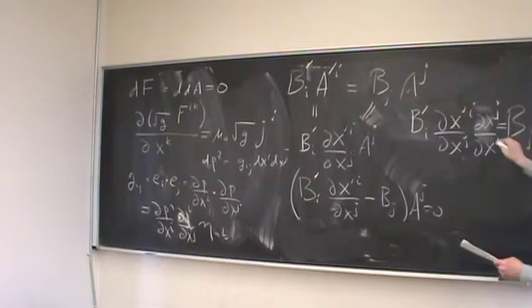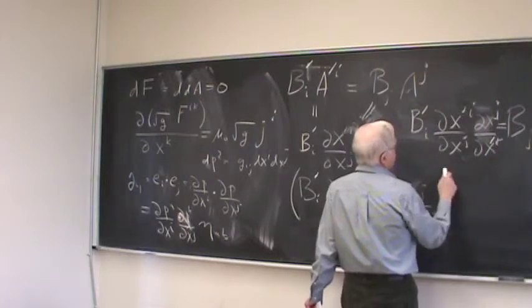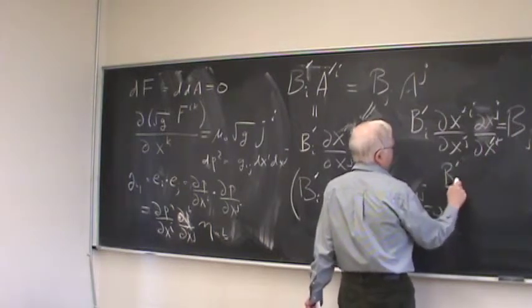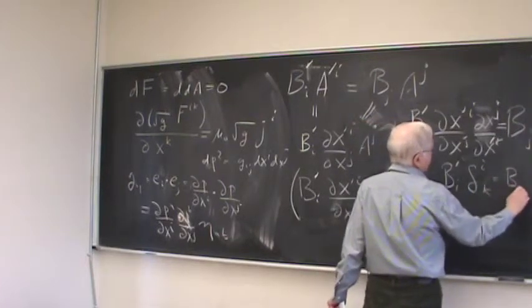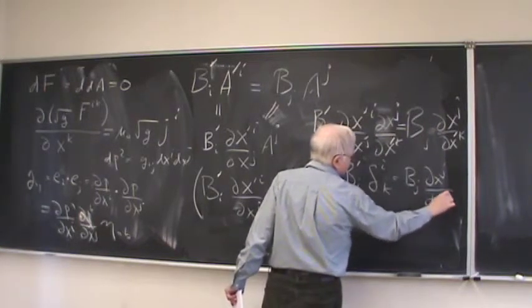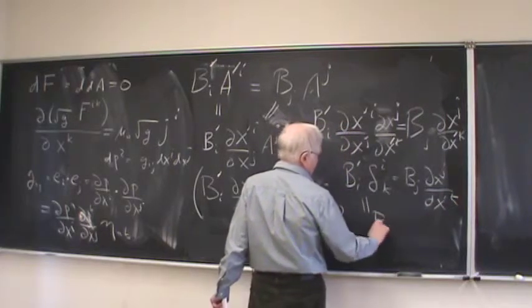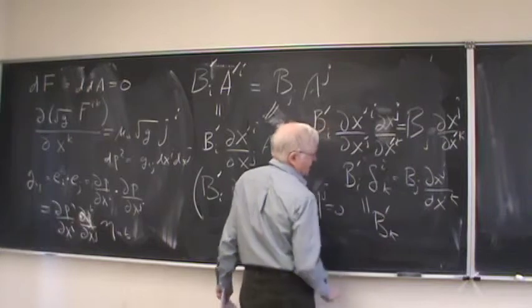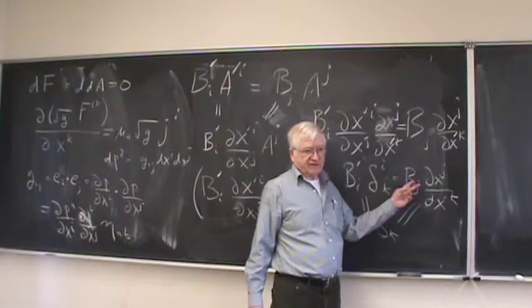Prime is down there. Okay. Now this thing summed over j just gives us partial x prime i, partial x prime k. That is b prime i delta_ik equals b_j partial x^j, partial x prime k. But this, of course, is b prime k. But this thing is just the transformation law for a covariant vector.